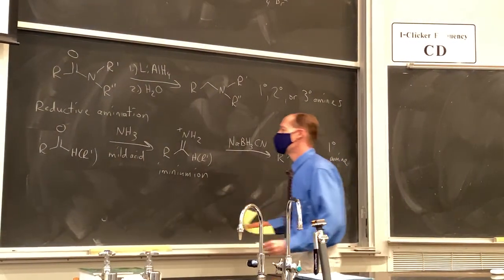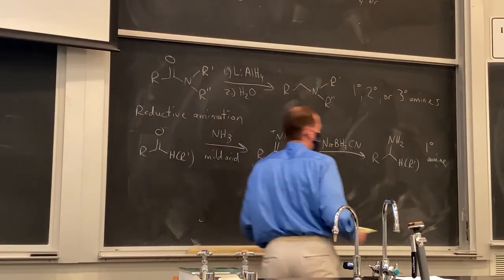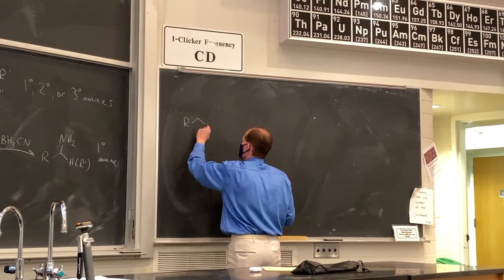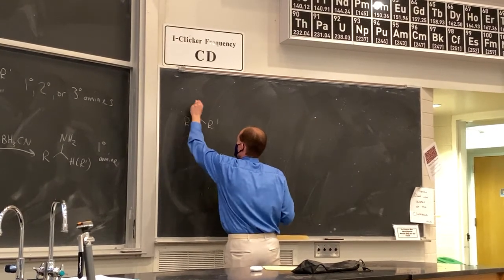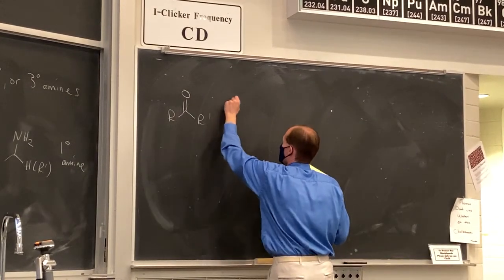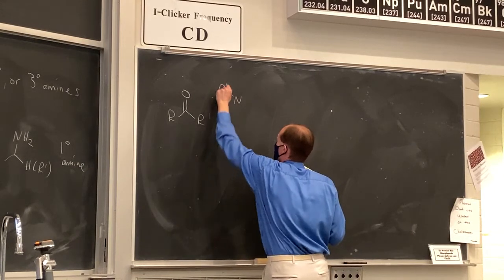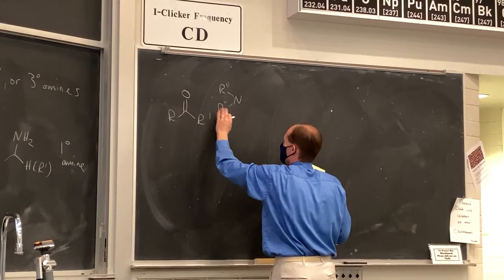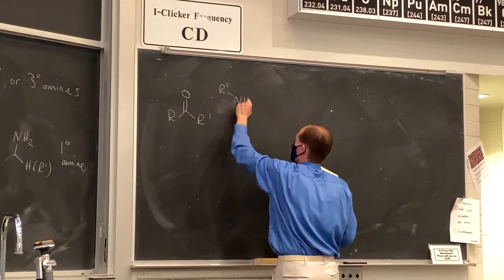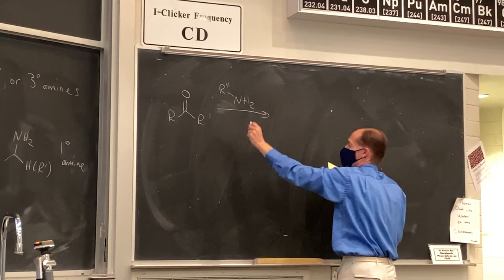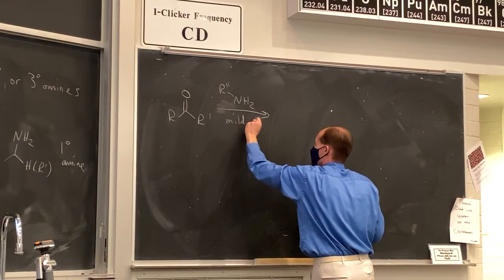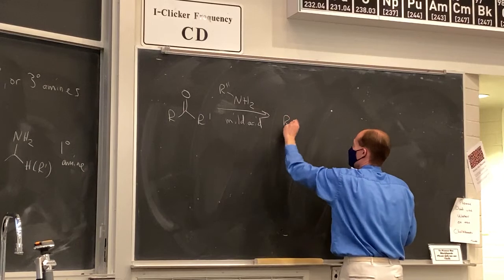If you use a secondary amine, we'll do that over here since we erased. Let's take our ketone. Let's react that with a secondary amine. Or I'm sorry, we'll do a primary amine first, okay? We take our primary amine, mild acid, and our ketone.